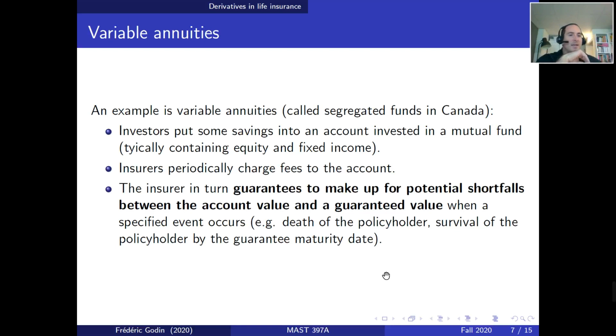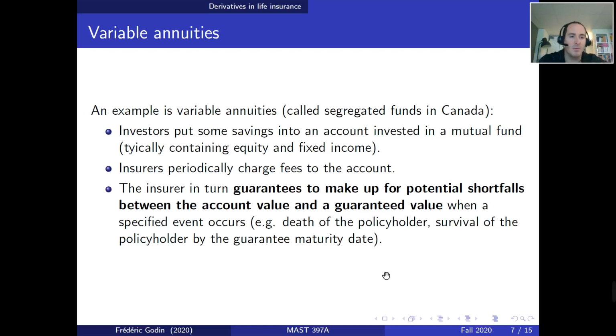So we see where the risk lies here. The risk lies in scenarios where, let's say, this is a guaranteed amount, and here the mutual fund evolves through time, and if on a given event, either death of the policyholder for some contracts or survival of the policyholder at a given date in other types of contract, the account value goes below the guaranteed amount, then the insurer has to pay the difference from its own pockets.